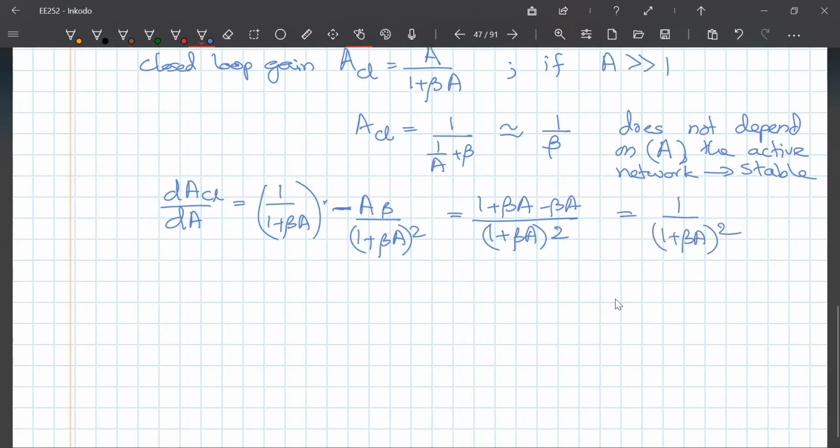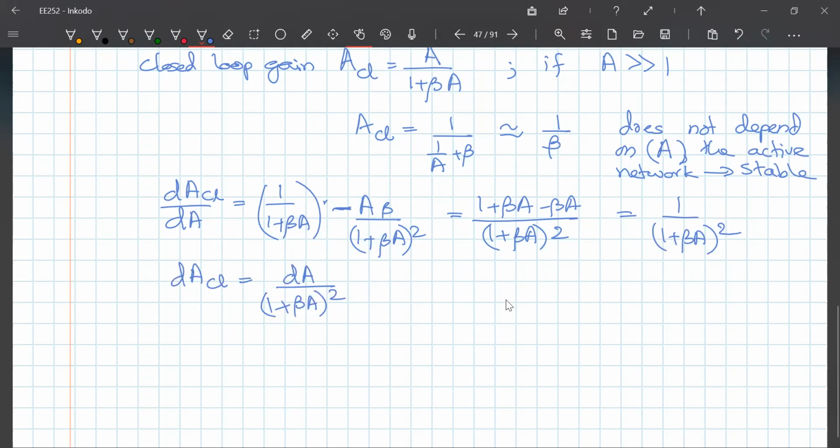So that's my dACL over dA. If that is the case, dACL is equal to dA over 1 plus beta A squared.